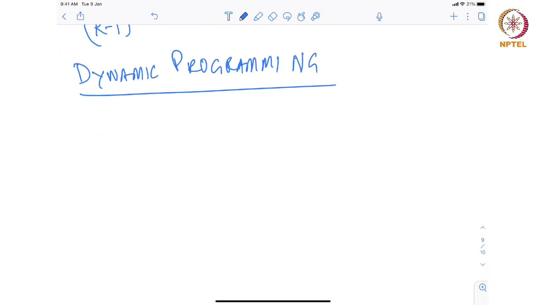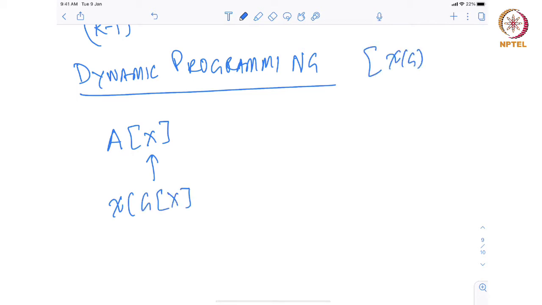What is the following recurrence? If you are looking for a k coloring or chromatic number, look at A of x. What is A of x? It is going to store the chromatic number of the graph induced on x. So now let's try to compute the chromatic number of G. What is the chromatic number of G?